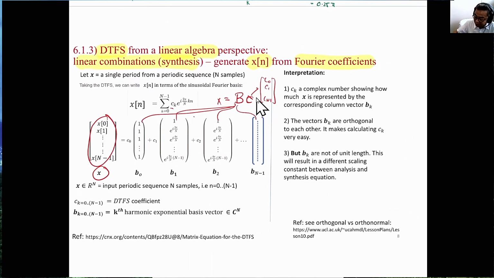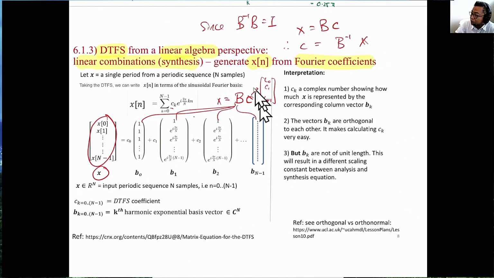Now let us study how to solve for x equals Bc. x equals Bc, where B is this matrix here. If B is invertible, therefore c is equal to B inverse times x, since B inverse times B equals identity.